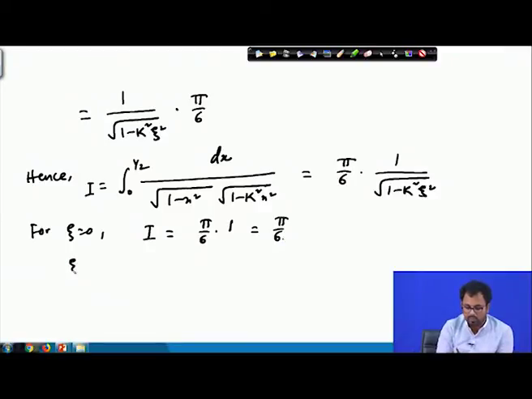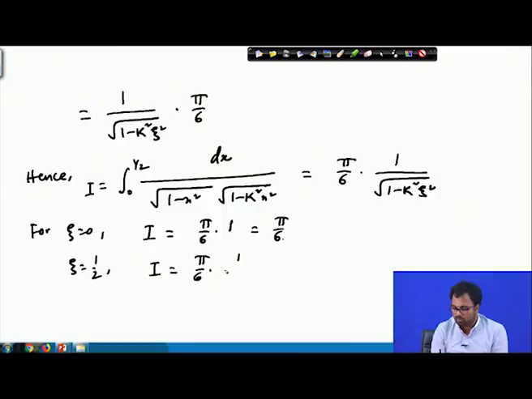And xi can attain values only between 2 points, 0 and half. So if I take xi equal to half, then this will be pi by 6 times 1 by square root of 1 minus k by 2 whole square.